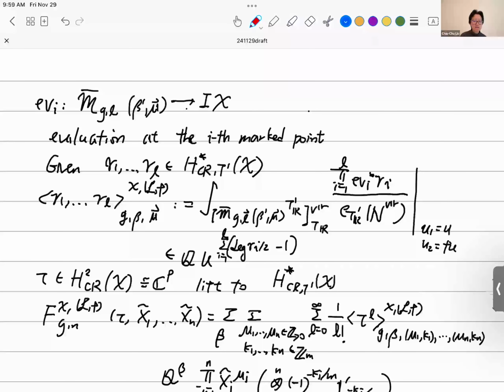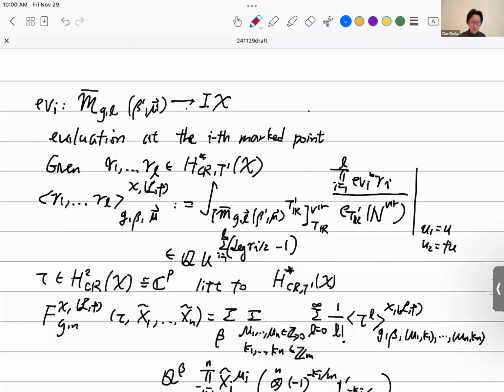Now we can use this moduli space of stable maps with Lagrangian boundary conditions to define open Gromov-Witten invariants for this toric Calabi-Yau 3 orbifold as follows. These are primary invariants, so we just pull back the T prime equivariant Chen-Ruan cohomology.